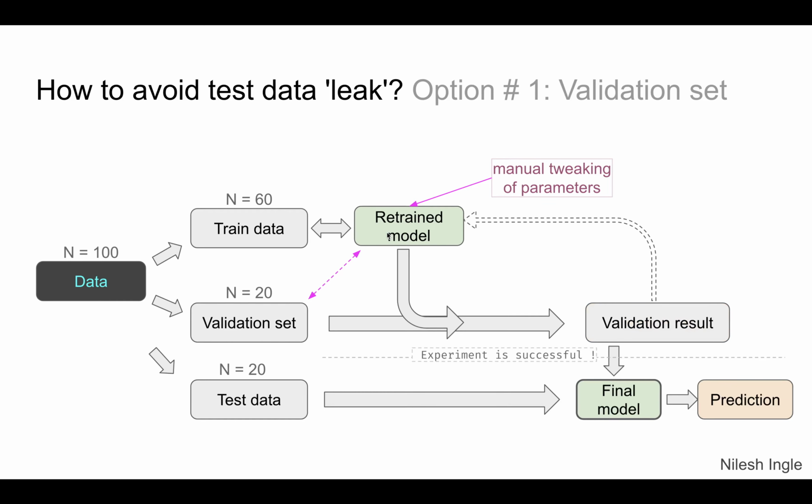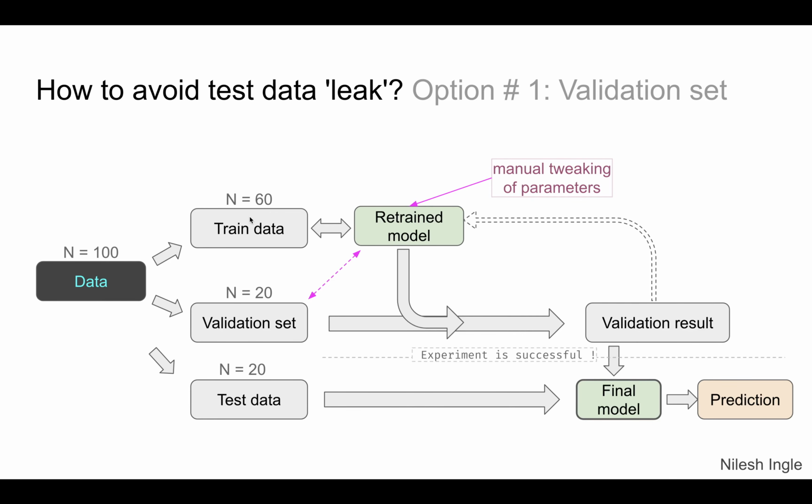To avoid that, there is another way you can do this. Instead of creating just one test data set, you could create two of them, and rename the second one as a validation data set. So here now we have train data, validation data, and test data. Out of 100 records, let's say 60 go for the train set, 20 go for the validation set, and then we have 20 that go for the test set.